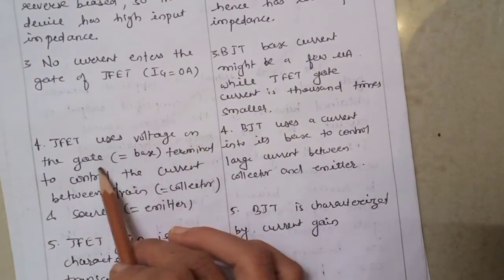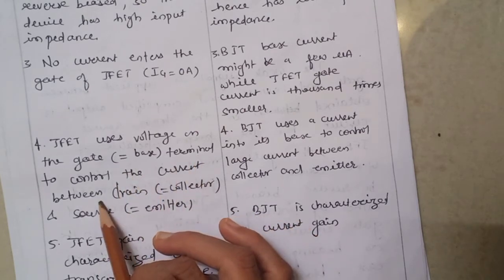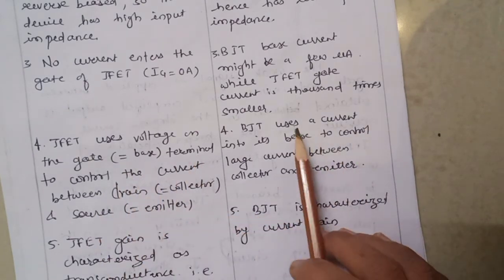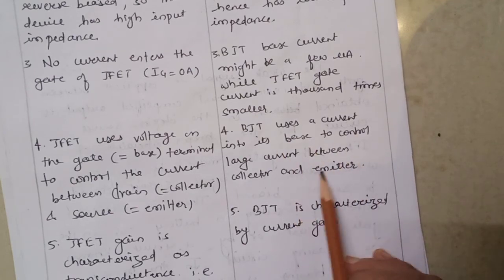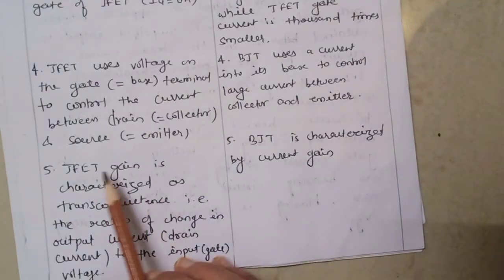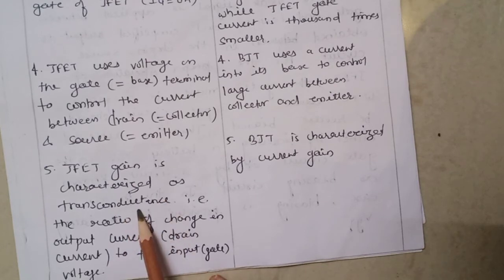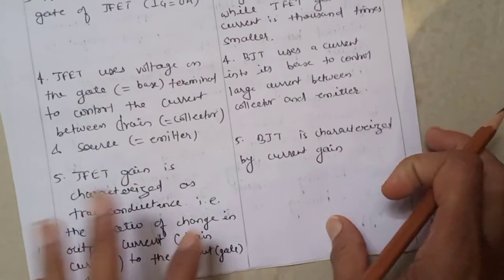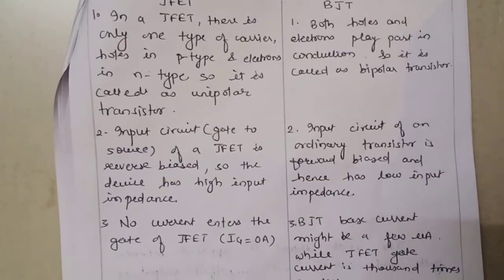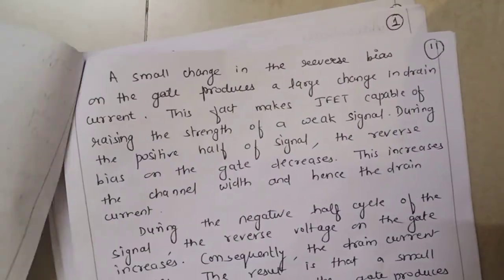JFET uses voltage on the gate terminal to control the current between drain and source, and BJT uses a current into its base to control a large current between collector and emitter. JFET gain is characterized as transconductance, that is the ratio of change in output current to the input voltage, and in BJT it is characterized by current gain. So that is all about the working of JFET.